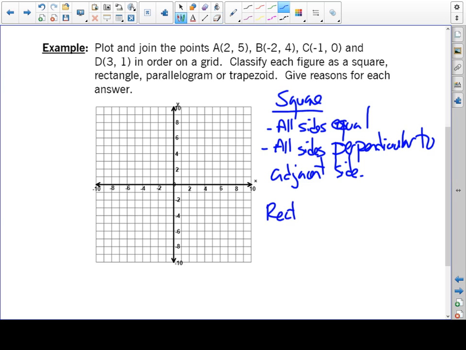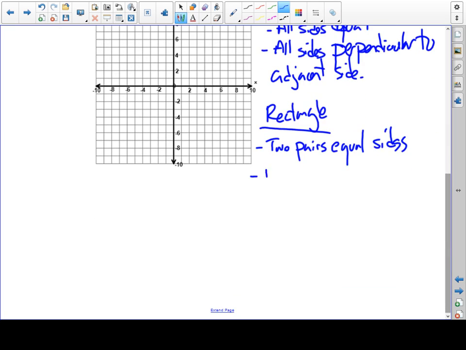A rectangle has two pairs of equal sides. All adjacent sides are perpendicular, which means there's 90-degree angles everywhere.